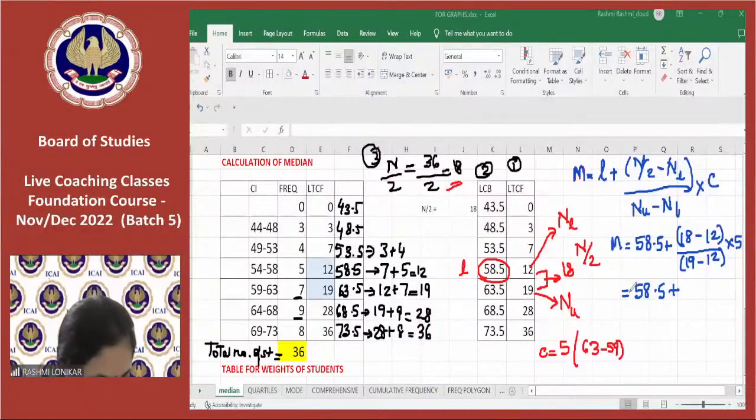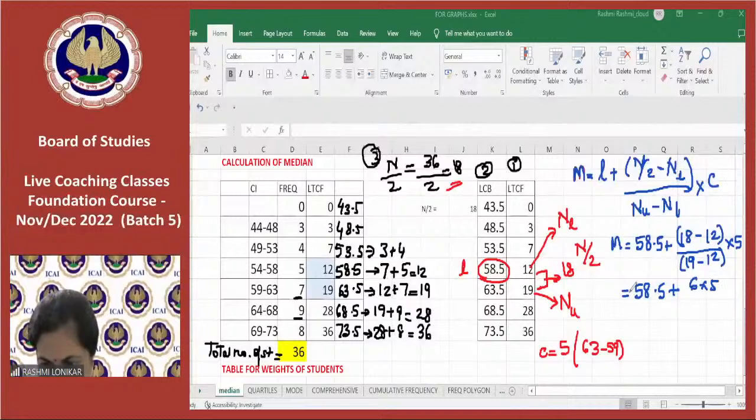Lakshita, how did you get 12.84? You have to solve after the plus sign. So this is 6 into 5 upon 7, isn't it? So how much is this? 30 upon 7, which is 4.28.